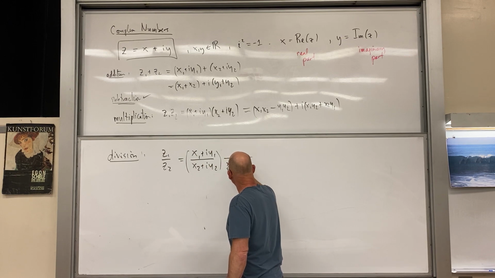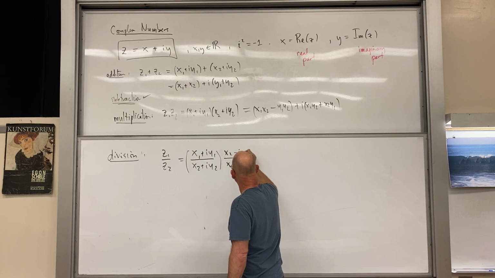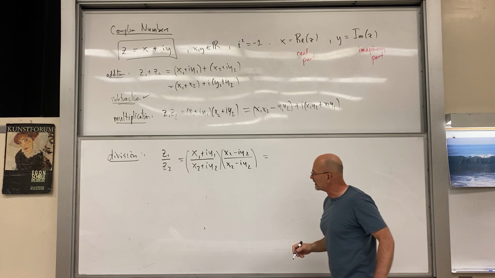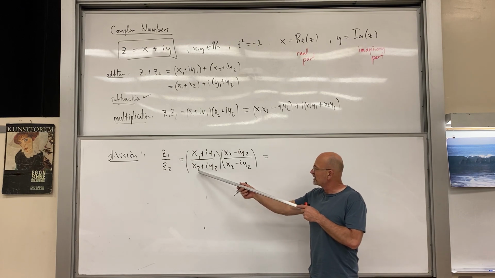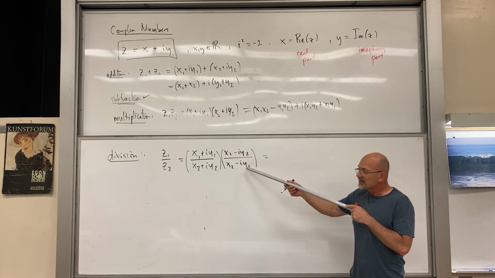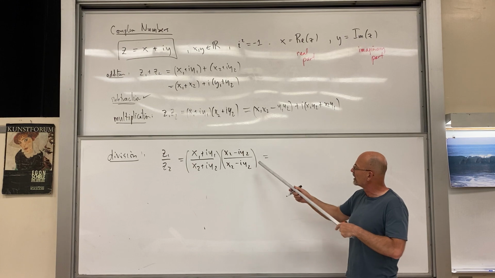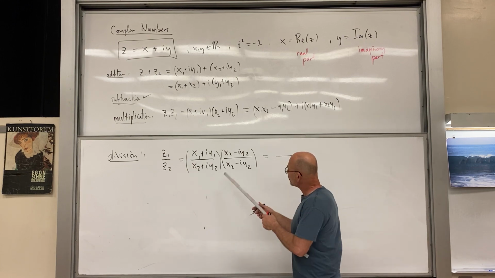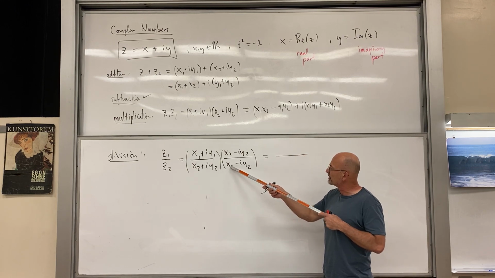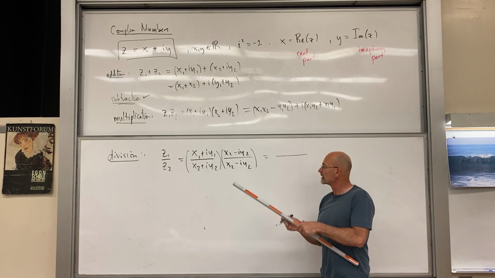x2 minus iy2, because if you look at the denominator, you're going to get x2 squared. Now i times minus i is plus 1, so you're going to get x2 squared plus y2 squared in the denominator because the cross terms vanish: iy2 x2 and minus iy2 x2. Okay.